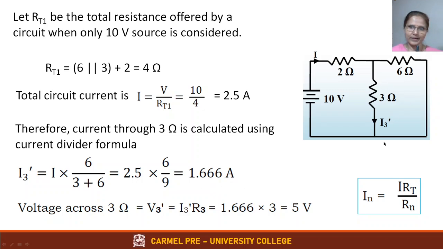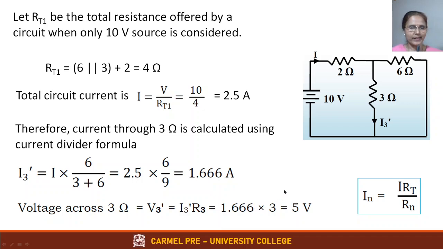Okay, that is how you find I3 dash using current divider rule. How to find voltage across 3 ohm? Current multiplied by resistance according to Ohm's law gives you voltage. So it is 3 into 1.66 equal to 5 volts. So you got I3 dash and also drop across the resistor as V3 dash.